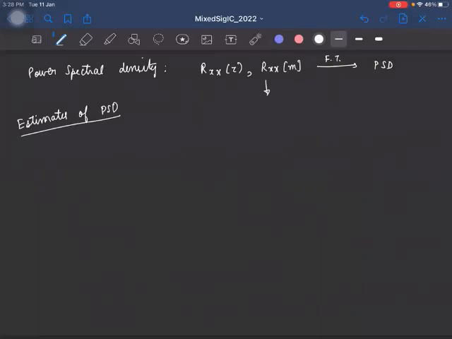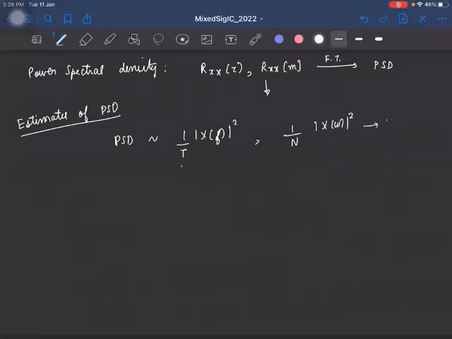The first estimate simply says that you can compute power spectral density approximately by computing the Fourier transform, taking the magnitude square of it, and then dividing it by the observation period T, right? That is the time period for which we have recorded the signal. In discrete time, we'll have similar, so 1 by N times mod X of omega square.